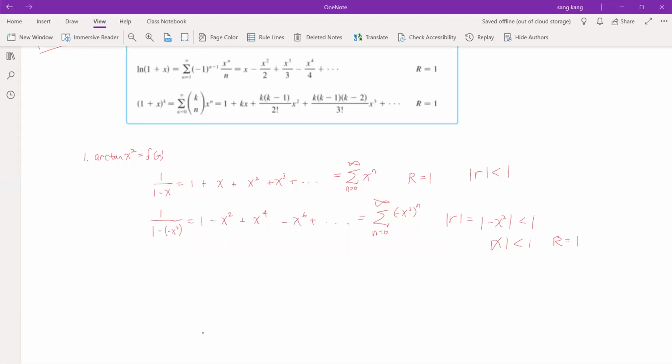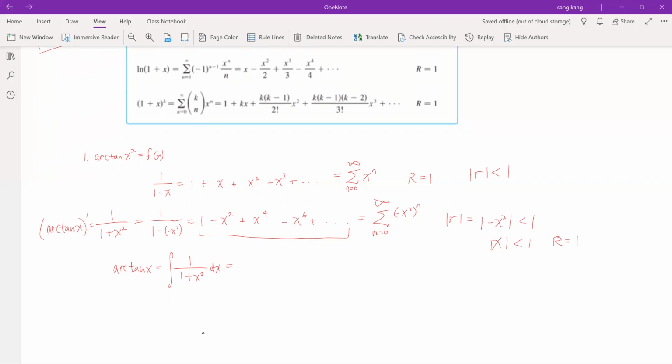Now we take the antiderivative of both sides, because this is the same thing as 1 over 1 plus x squared, which is the derivative of our arctangent x. So this is arctangent x prime. If we take the antiderivative of that, we'll be left with arctangent x, which is the integral of 1 over 1 plus x squared with respect to x, and we can integrate this series term by term.